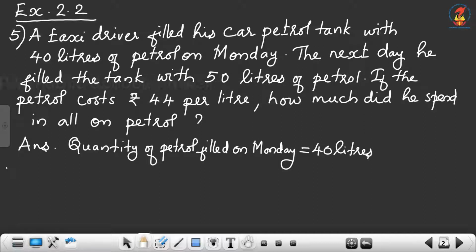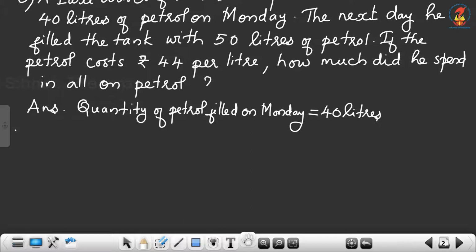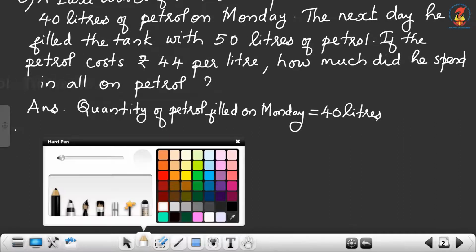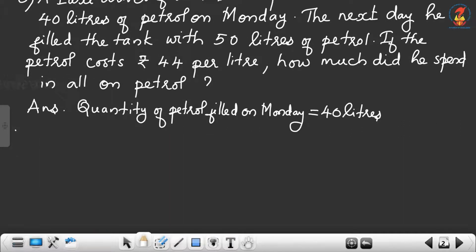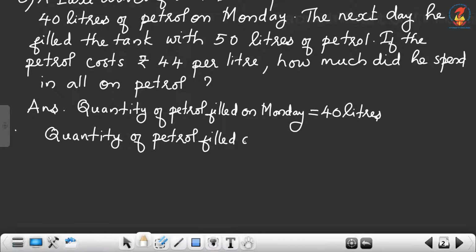Then the quantity of petrol filled on Tuesday. Now, what is the quantity of petrol filled on Tuesday? It is 50 liters.